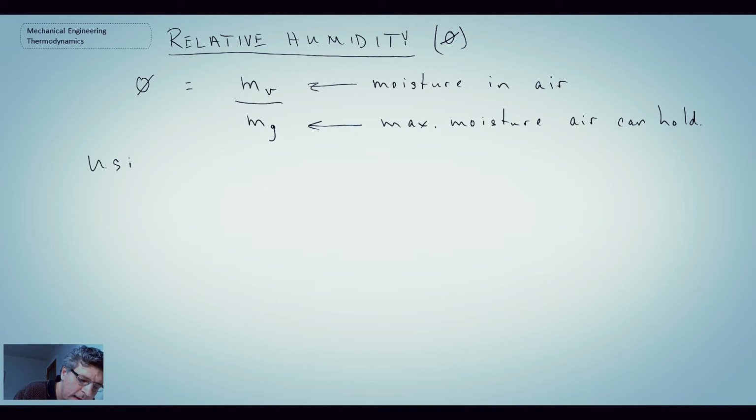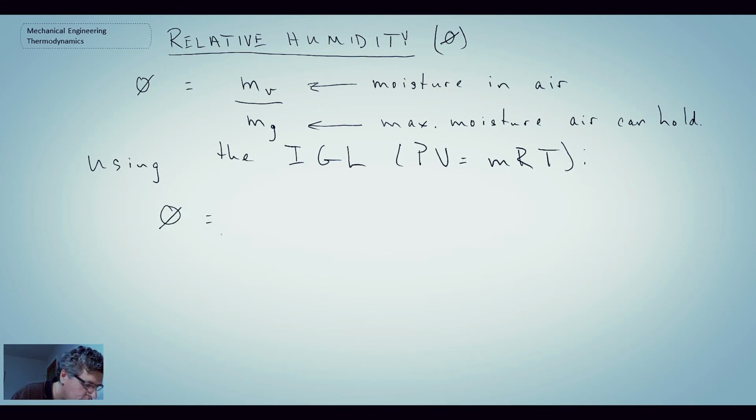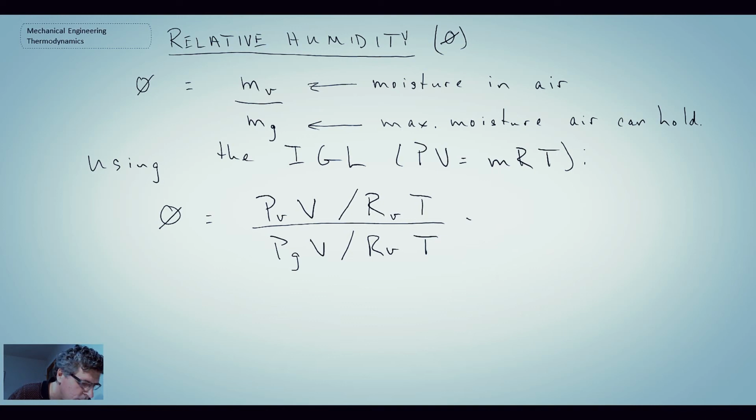Again, we will use the ideal gas law. And what we get is a ratio of the pressures of the amount of the pressure associated with the moisture in the air divided by the max moisture, which we get off of the steam table.